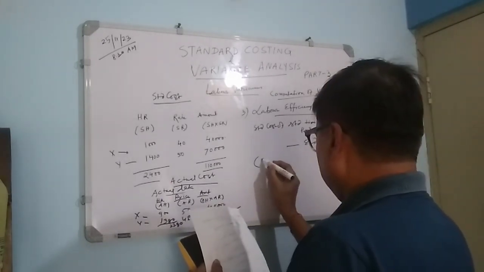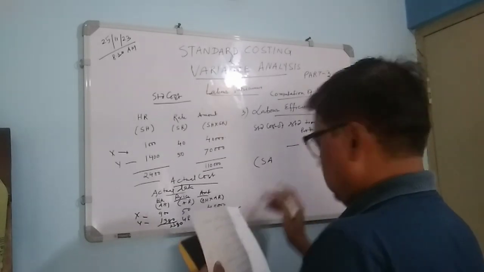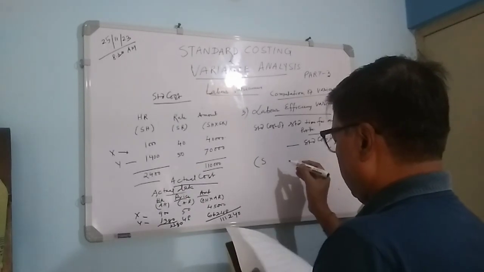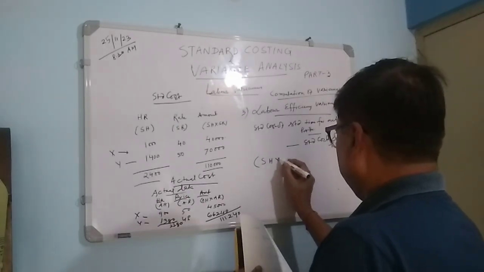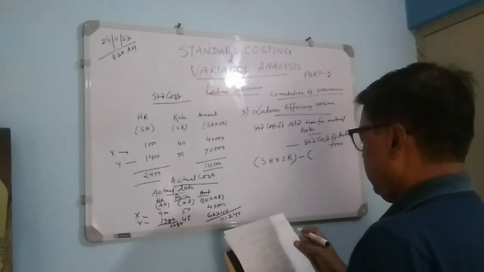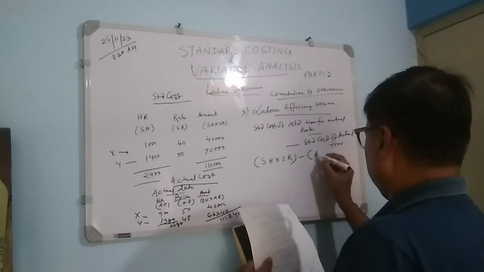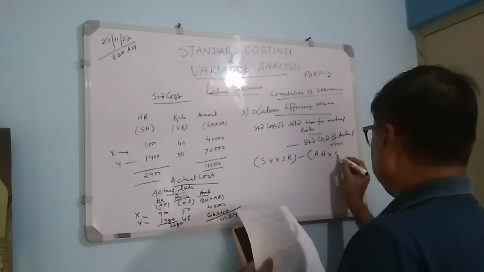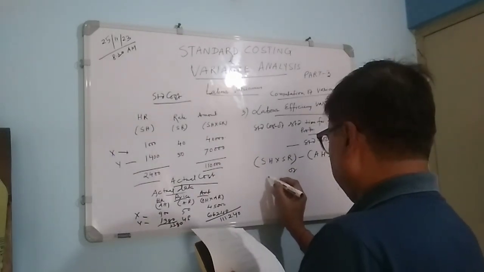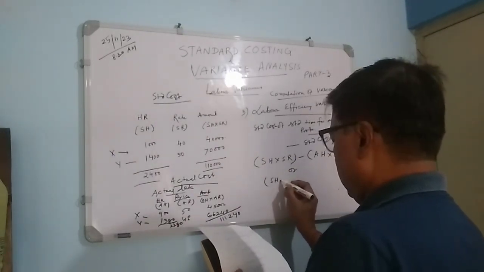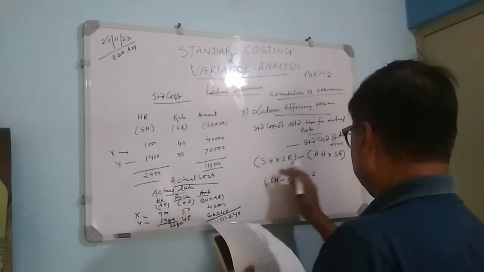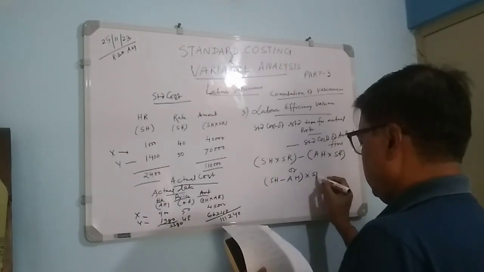So here the formula will be standard hour into standard rate, minus actual hour into standard rate, or we can simplify this as standard hour minus actual hour, into standard rate, because standard rate is common.